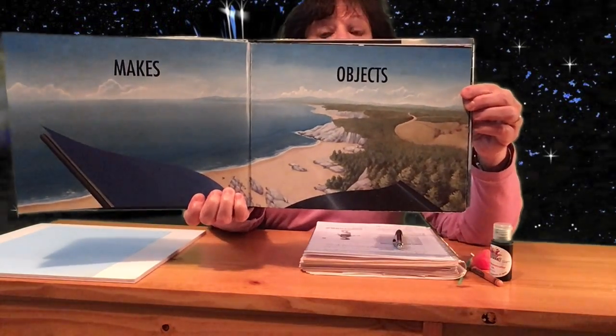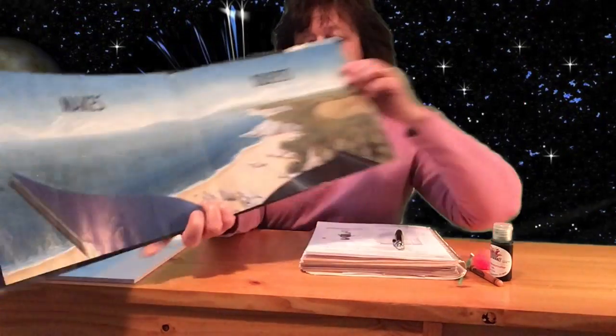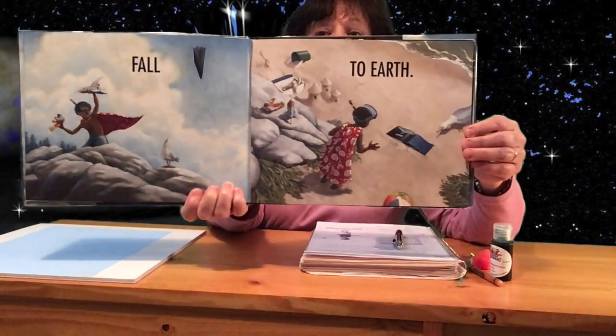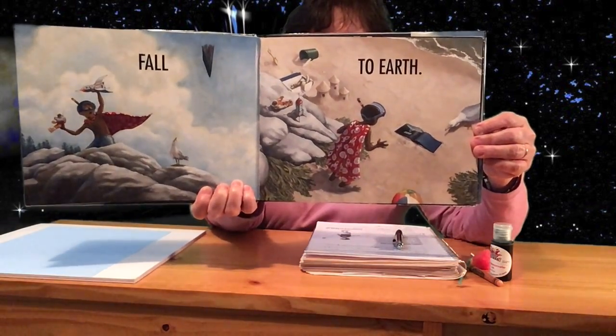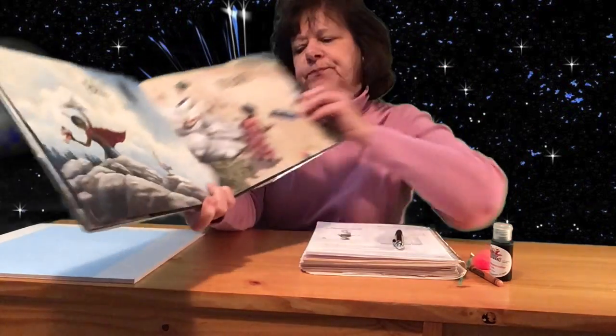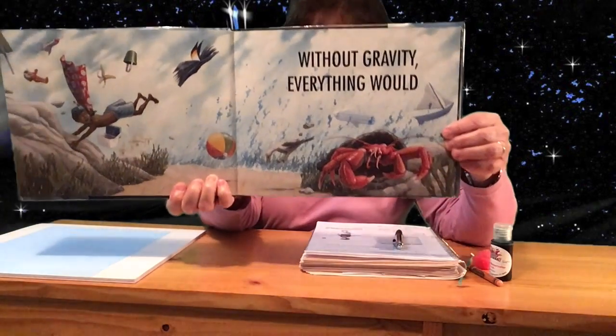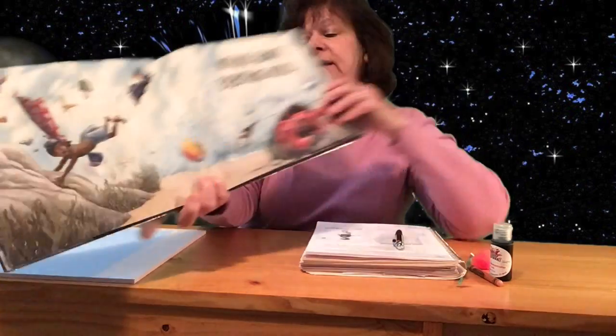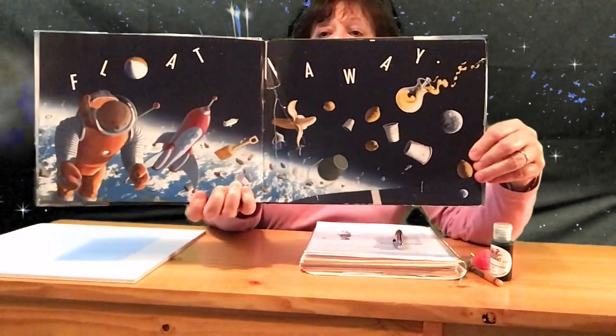Gravity makes objects fall to Earth. That's interesting. Without gravity, what would happen without gravity? It says, without gravity, everything would float away.